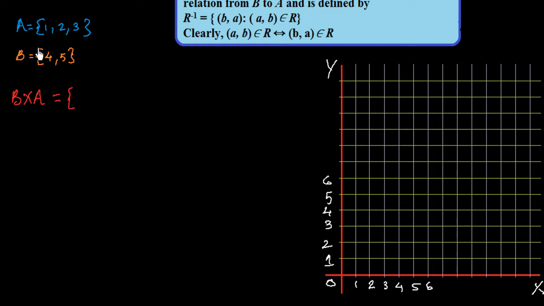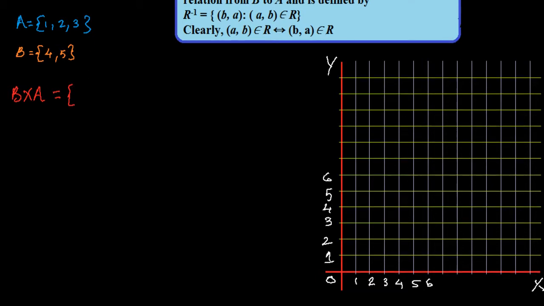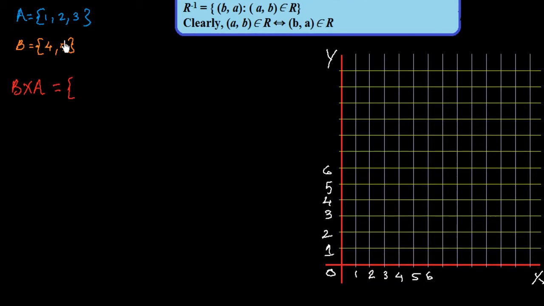See what happens here. First we have to plot the points. We take b on the x-axis, because it's b cross a, so b would be the first element of the product. So b would be on the x-axis and a would be on the y-axis.